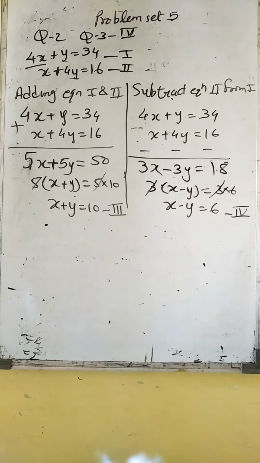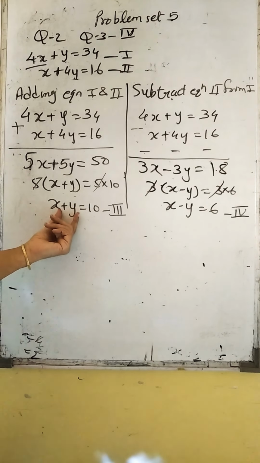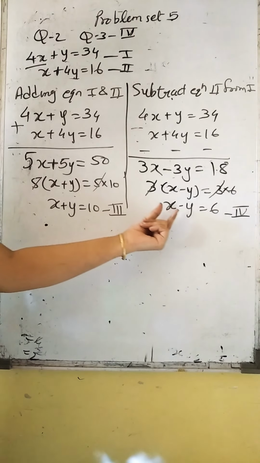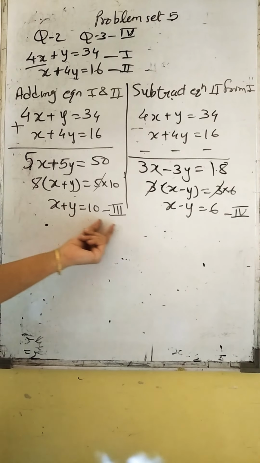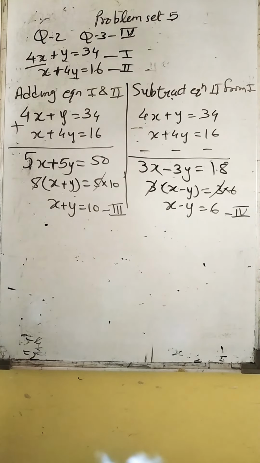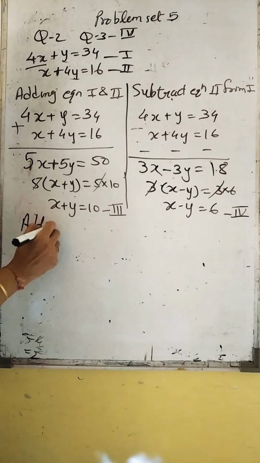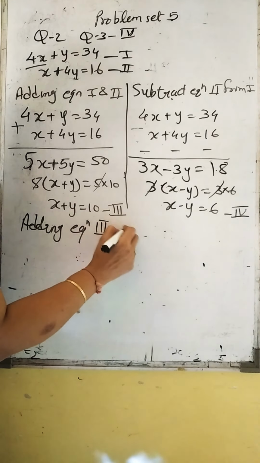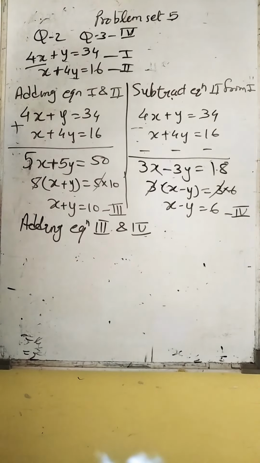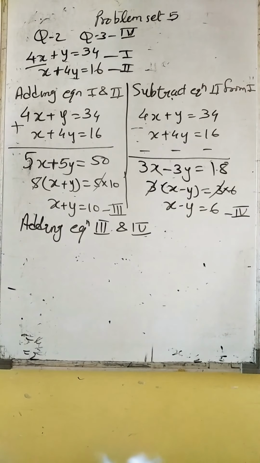So always whenever you get an equation in x plus y and one equation in x minus y, when such a thing is there, you have to simply add these two equations. Okay? So adding equation 3 and 4. Adding equation 3 and 4.